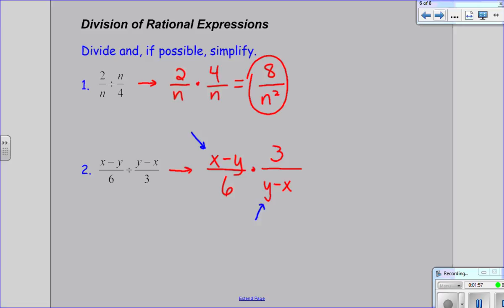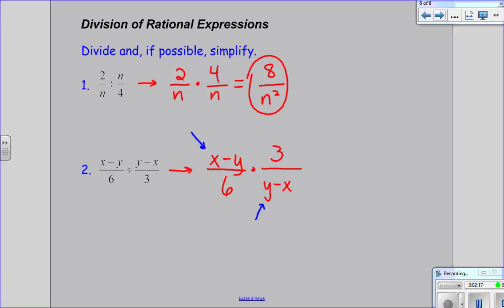One's x minus y and one's y minus x. But if we were to factor out a negative 1 out of one of these binomials, then they would become the same. So x minus y and y minus x are opposites of one another. And so when you have opposites, you want to factor out a negative 1.